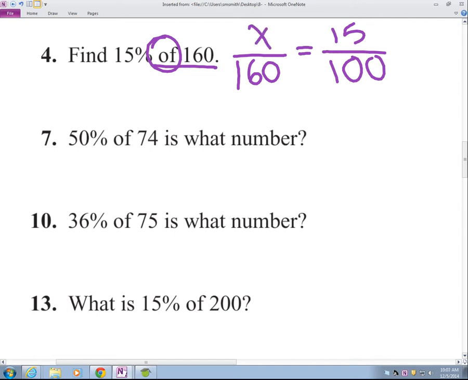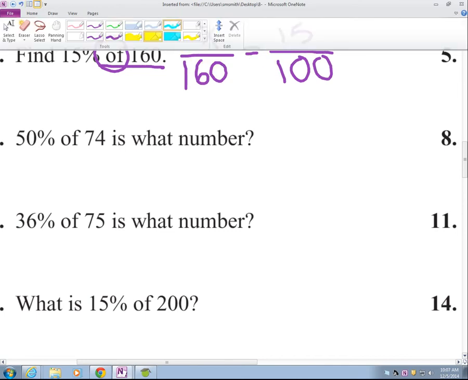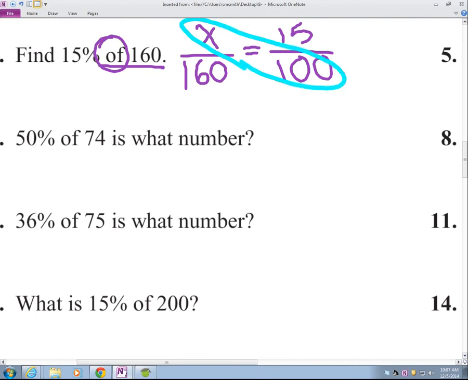Question? Let's find out. So now we have 100x, because we're going to do the cross multiplication. Whoa, that's huge. Cross product here. So it's going to be 100x equals 15 times 160.